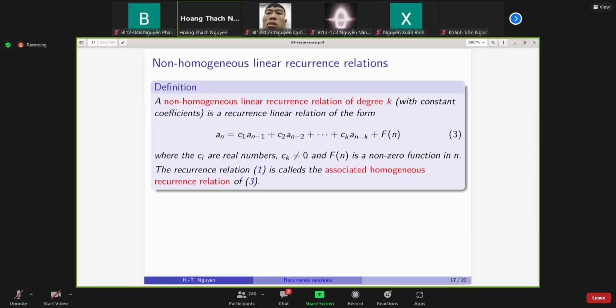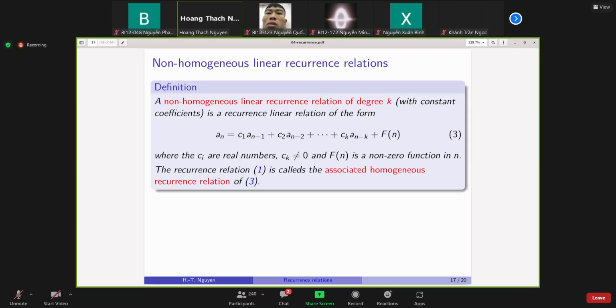So in linear algebra, in order to solve a non-homogeneous linear system, you know that the general solution to a non-homogeneous linear system is a linear combination of a particular solution to the non-homogeneous system and a generic solution to the associated homogeneous system.